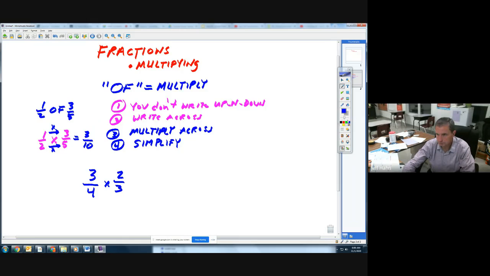Again, nothing could be easier than this, really. You end up with 3 times 2, which equals 6, and 4 times 3, which equals 12. Eventually, we'll reduce that to 1/2. You probably know it's 1/2, but for right now, we're just going to go with 6/12 and call it a day.